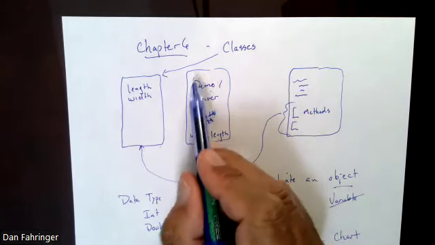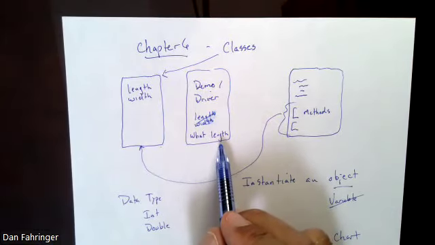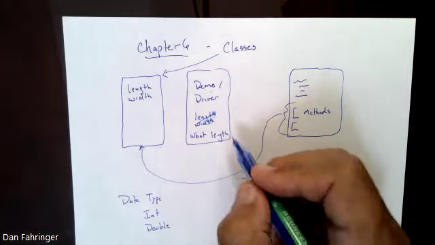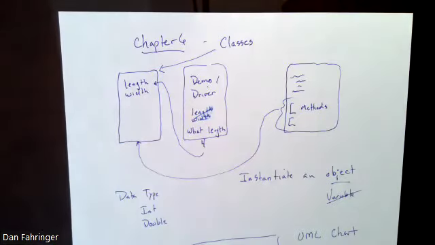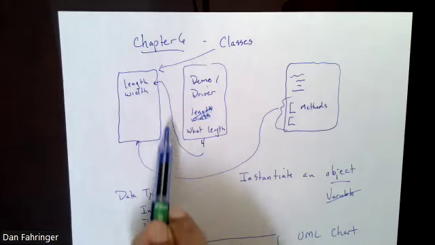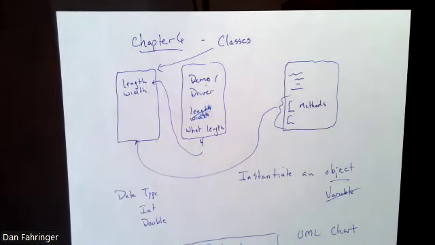Correct. So when my program runs, I'm going to ask the user, hey, buddy, what's the length? And you're going to say 4. Well, now I need that 4 to get over to here. So the set is going to send it over so that it's now stored inside of my class.